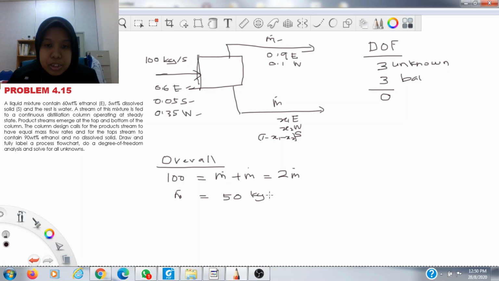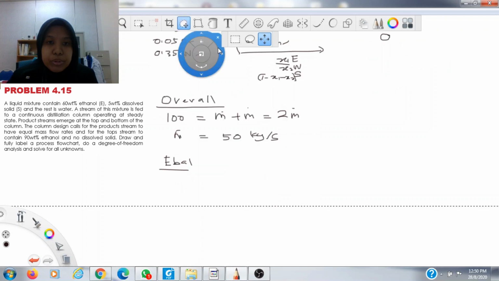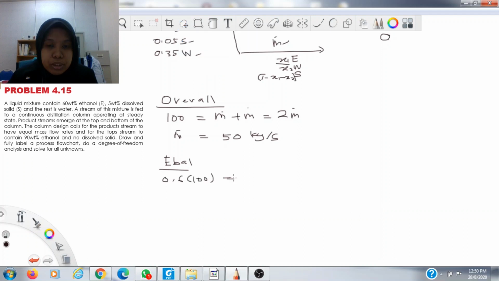Now we are finished with M. We have X1 and X2 to be solved. To obtain X1, we can use the ethanol balance. Again, you use inlet equal to outlet. The inlet for ethanol is 0.6 times 100 kg per second, equal to the outlet. The outlet at the top for ethanol is 0.9, and the mass flow rate is 50.